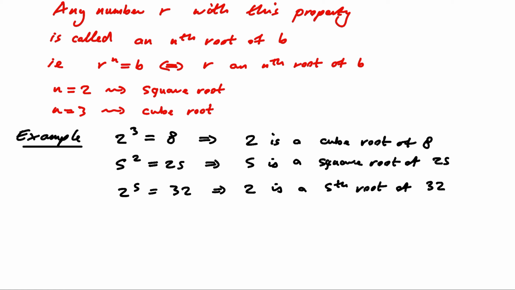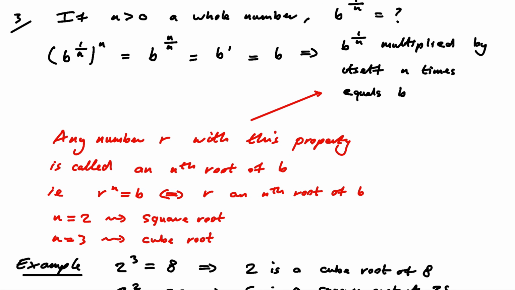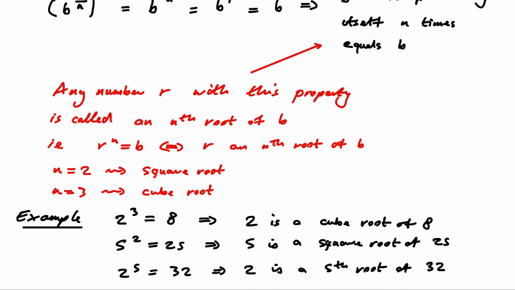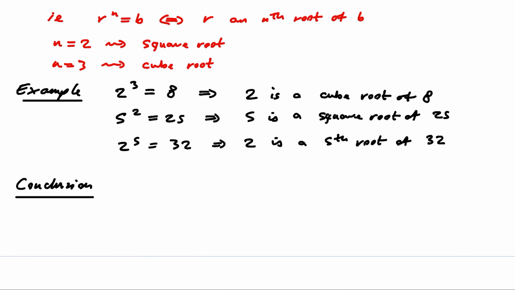So at this stage, I think we can conclude the following. So what have we got? Well, above we see that b to the 1 over n multiplied by itself n times equals b. That's got to happen. So said in this new terminology, what we're really saying is that b to the 1 over n must be an nth root of b.